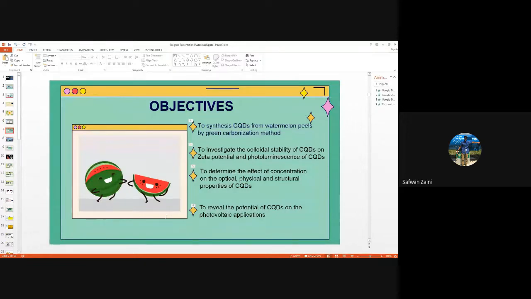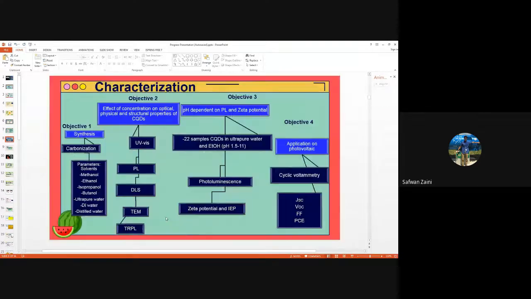For the objectives, first is to synthesize CQD from watermelon peels by green carbonization method. Then to investigate the colloidal stability of CQD through zeta potential and photoluminescence, and to determine the effect of concentration on the optical, physical, and structural properties of CQD, and to reveal the potential of CQD in PV application.